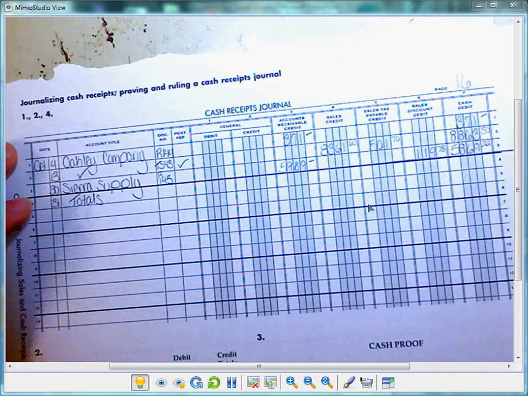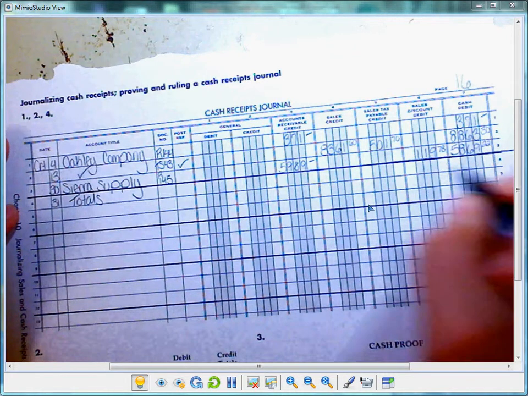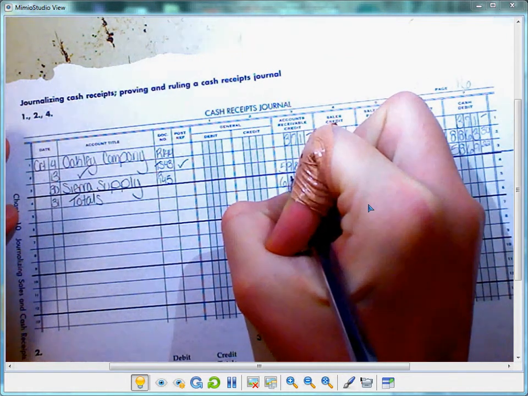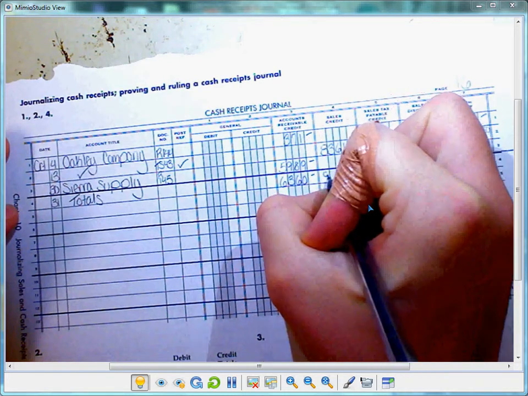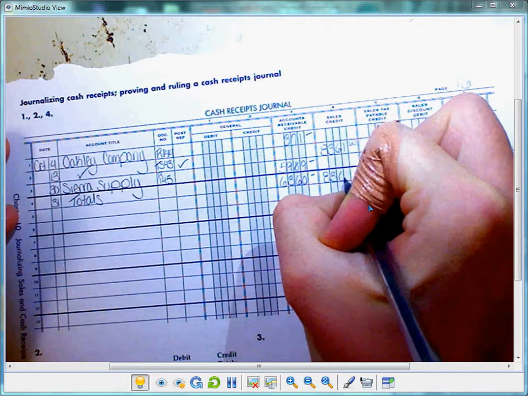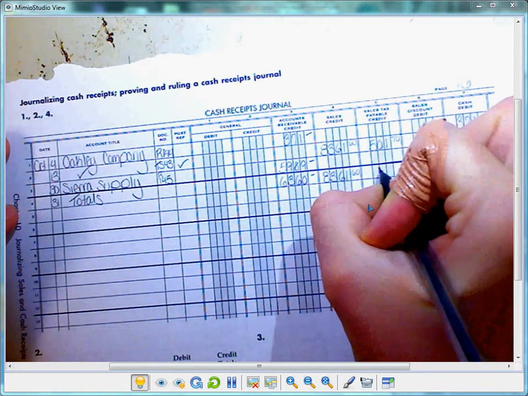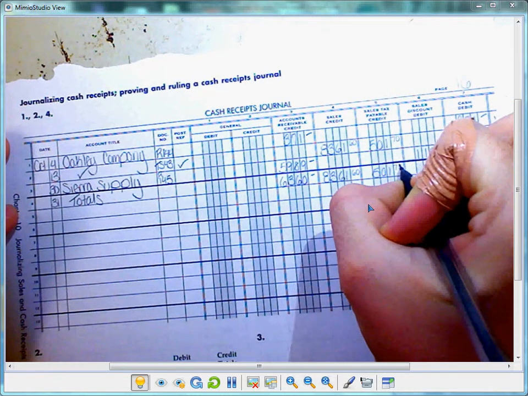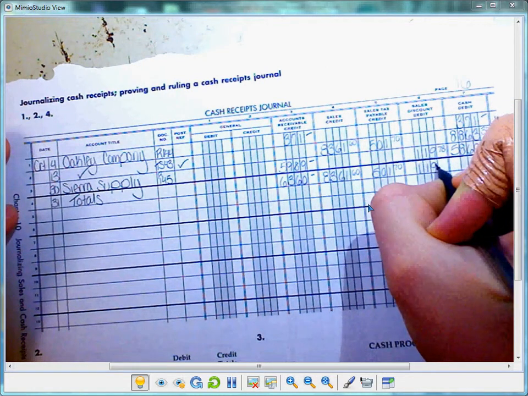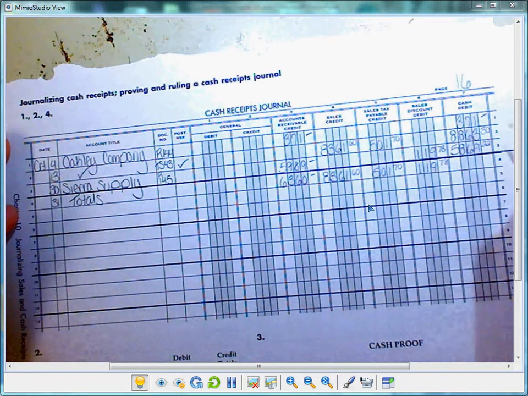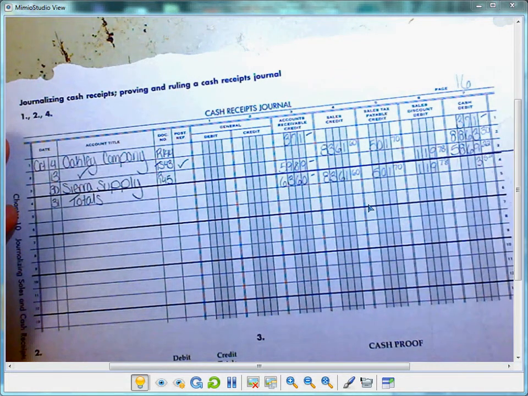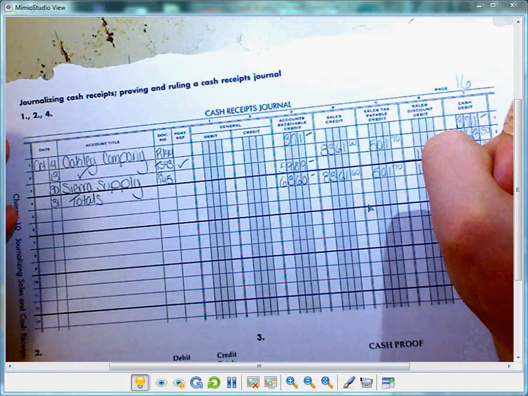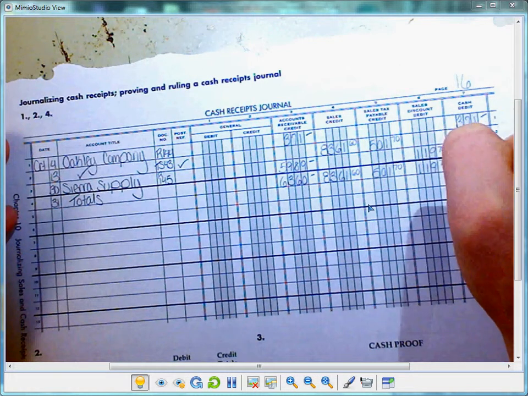Our accounts receivable credit total is $6,360, no cents. Sales credit is easy, just bring it down, same with the sales tax. So sales credit $8,361.60, sales tax $501.70. Sales discount, there's nothing to add, so it's $119.78. And then our cash is $15,103.52.